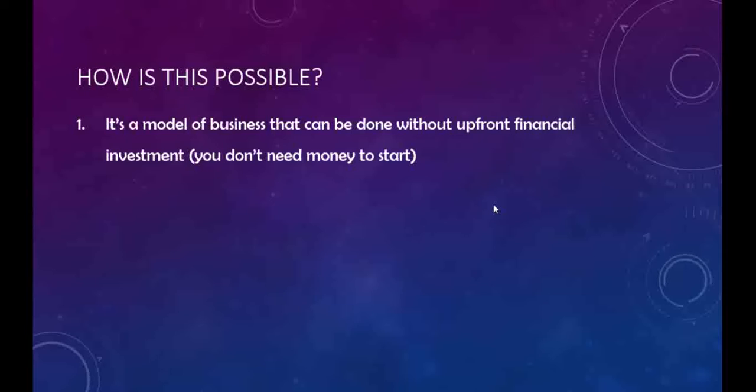And now a lot of the billionaires from around the world are people from high-tech internet business models that started with actually no money at all, and they are billionaires under 30 years old. That's because 30 years ago you needed a lot of money to start a business, and nowadays you actually don't. You can start from scratch with absolutely nothing in a dorm room, exactly like Facebook started. So this is possible because you don't need any upfront financial investment.